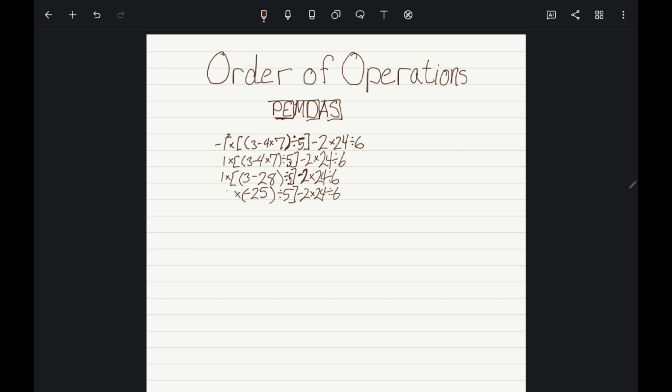All right, and now these cancel each other out. So -25 divided by 5 is going to give us -5. And that is the end of the parentheses, leaving only brackets.